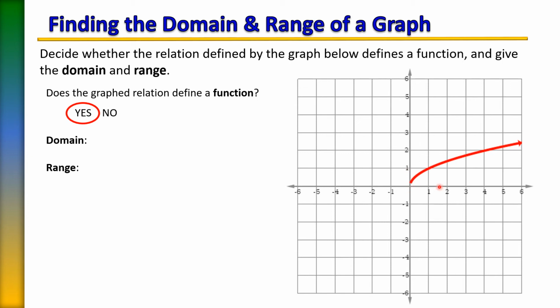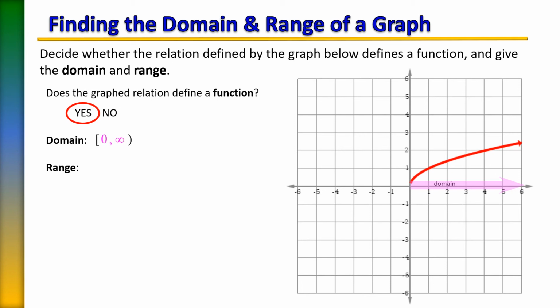And then it's going to go forever and ever to the right. So therefore, we would say that the domain of this function would be from 0 to positive infinity. So we're going to use a bracket where 0 is because it includes 0. And then recall that every time we write infinity, we use parentheses.